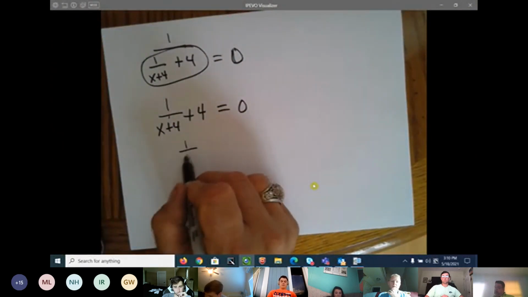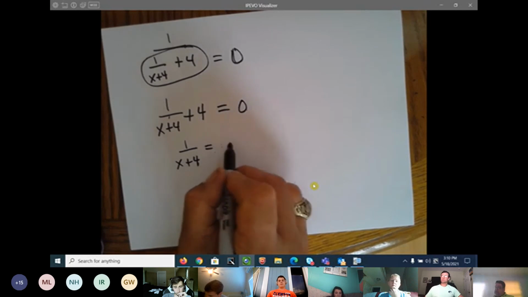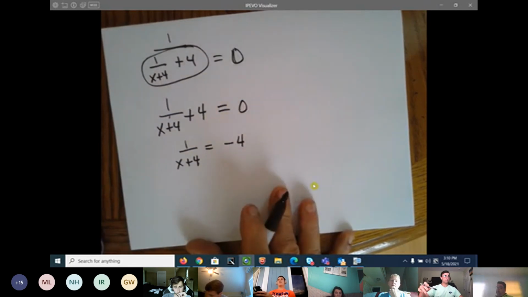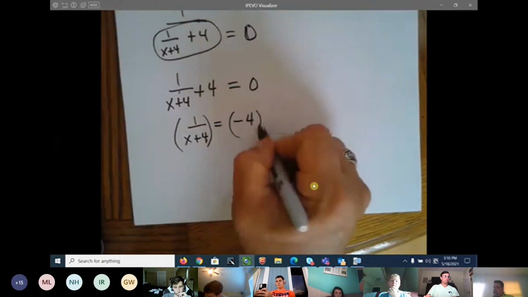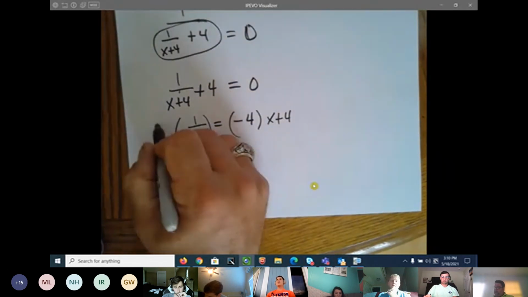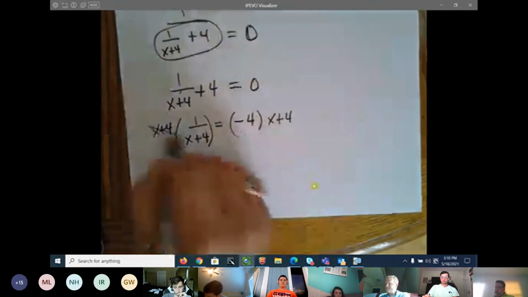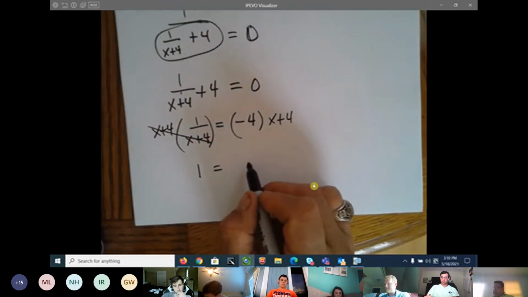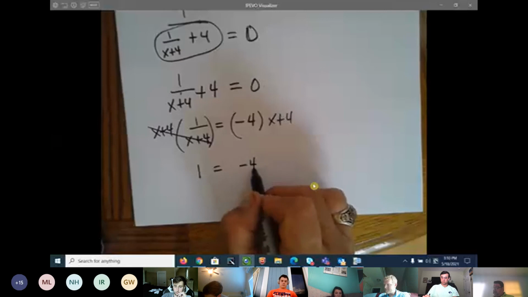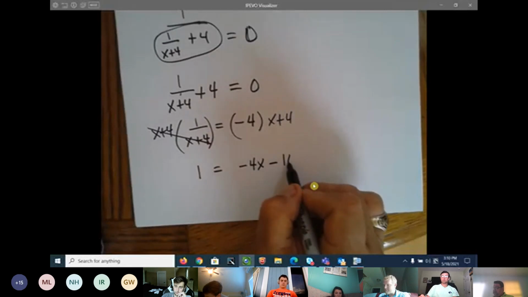And 1 over x plus 4 is equal to -4. Multiply both sides by x plus 4. And that's going to give us 1 is equal to -4x minus 16.